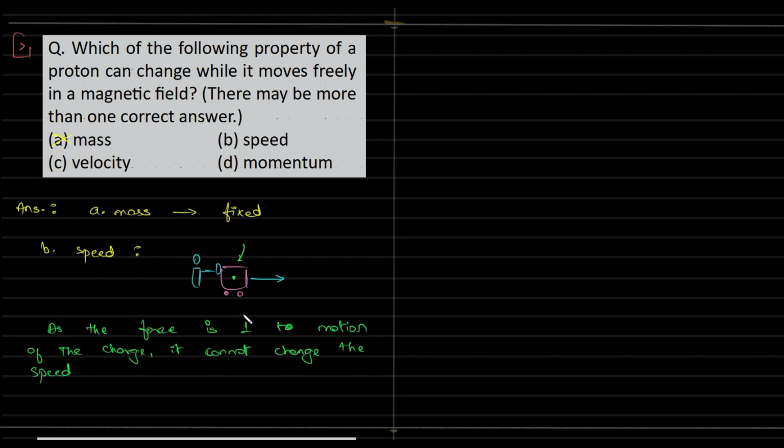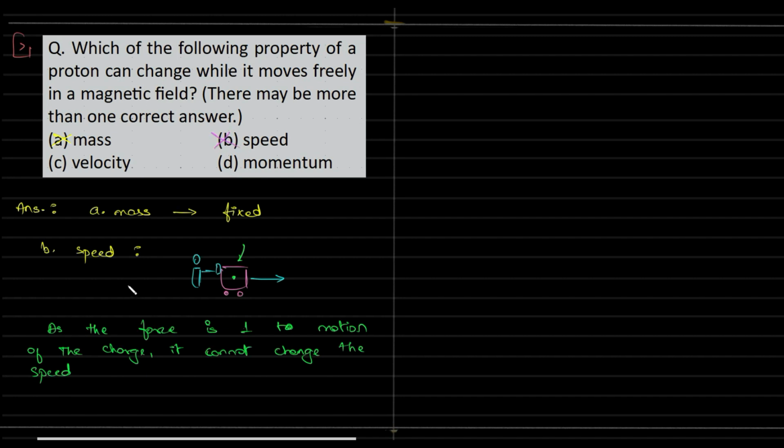Make sense? So speed I can increase or decrease only by pushing forward or backward. So in this case, even though there is a force, the speed will not change.